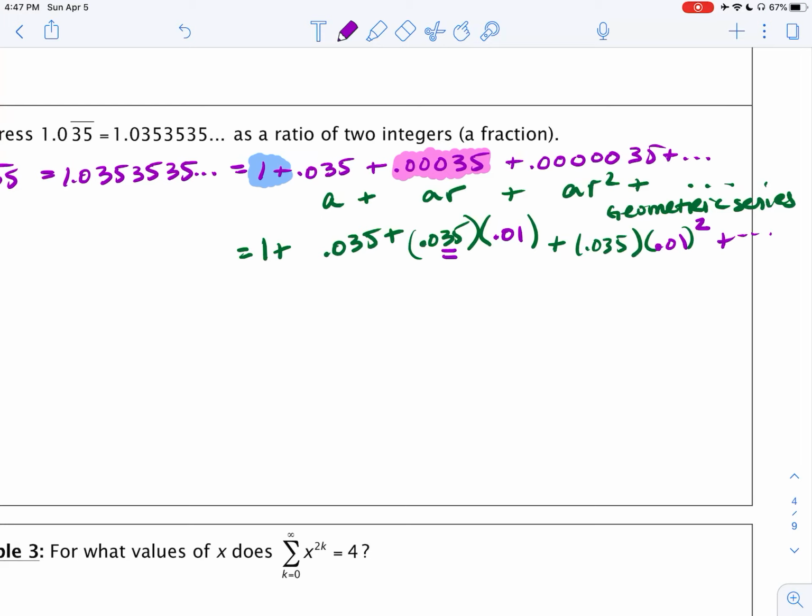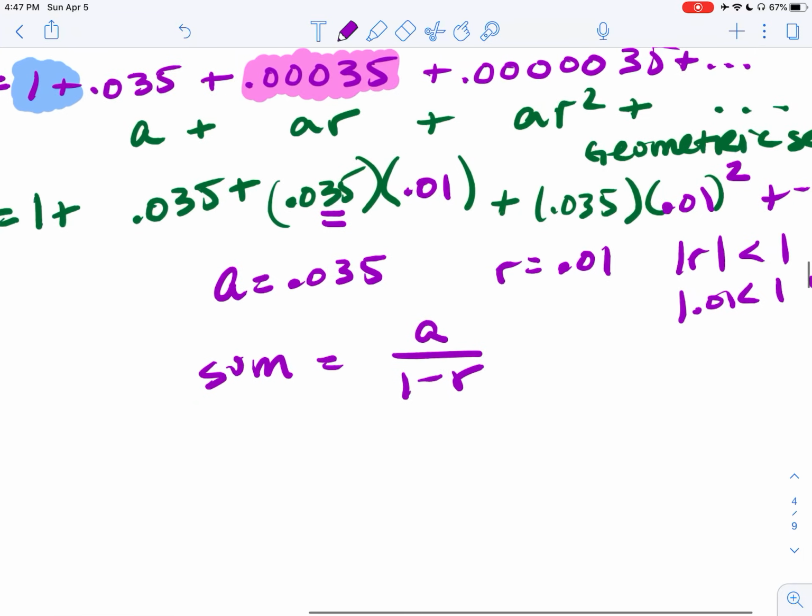So now I can tell that my a here is going to be 0.035, and my r here is going to be 0.01. I see that the absolute value of r is less than 1, so we know that the sum is going to equal a over 1 minus r. If we rewrite 0.035 as a fraction, that would be 35 thousandths, so it would be 35 over 1,000. And r here would be 1 over 100.